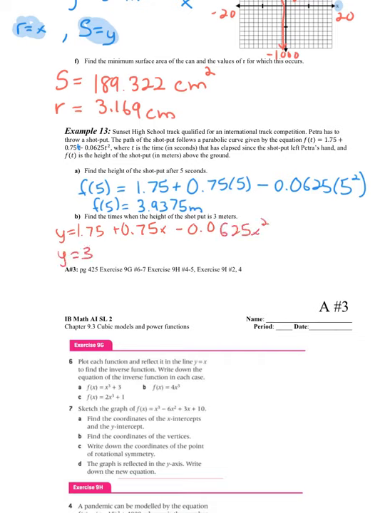And then we're going to graph y equals 3, and we're going to find the intersections. And the intersections for this problem, once we put that in our graphing calculator, we look for them, we should get x equals 2, x equals 10. Or in this case, it's basically saying t equals 2 at 2 seconds and at 10 seconds are when that shot put's going to be at 3 meters in height.